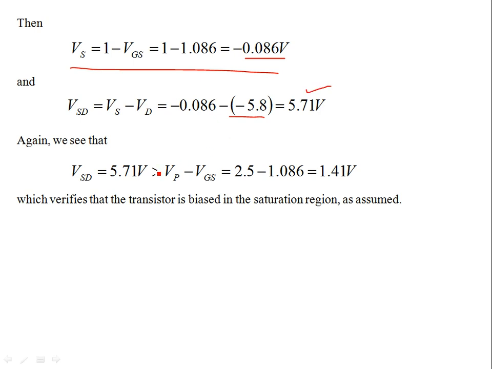To check whether this analysis is correct, we again check whether it is in the saturation region or not by evaluating the overdrive voltage, V pinch off minus VGS. So pinch off is given as 2.5, VGS is 1.086, this is 1.41 volts. So VSD of 5.71 volts is indeed greater than 1.41 volts, which verifies that the transistor is biased in the saturation region.